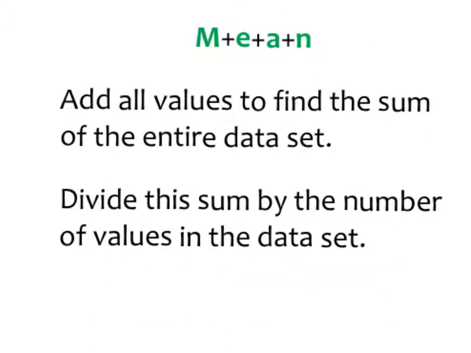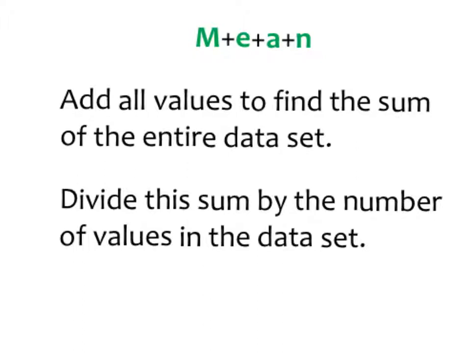The first measure of center is the mean. Now you may remember from earlier, the mean is the balance point of a data set. In other words, it's the value describing the average. Well, how do I find the average response in a set of data? Well, first, I add all of the values to find the sum of the entire data set.